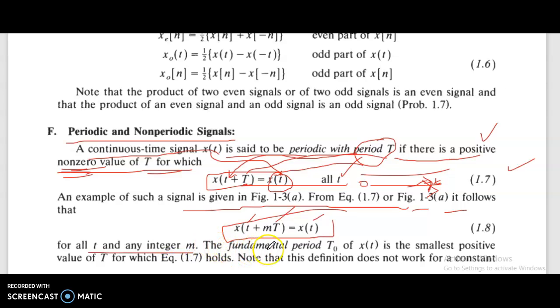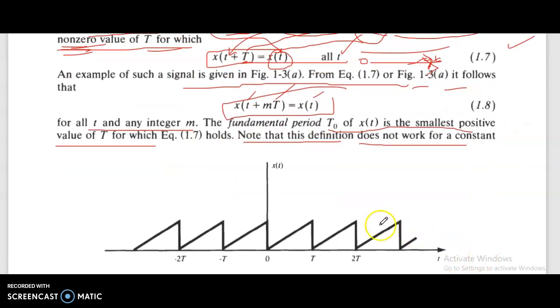The fundamental period T naught of x of t is the smallest positive value of T for which the equation holds. Note that this definition does not work for a constant.